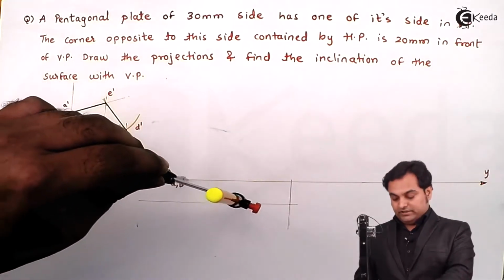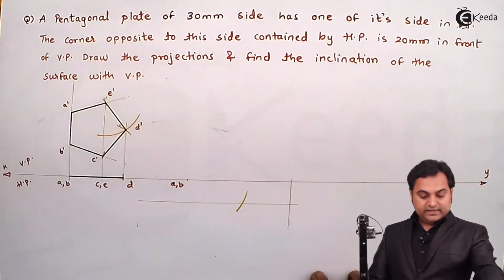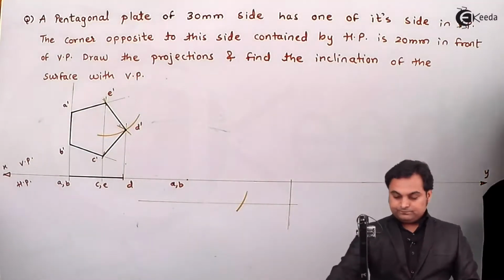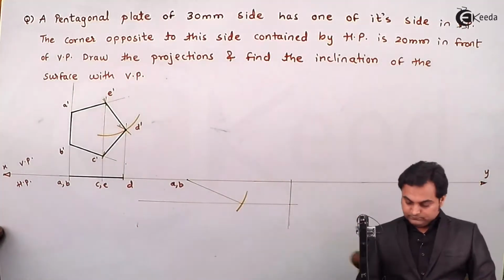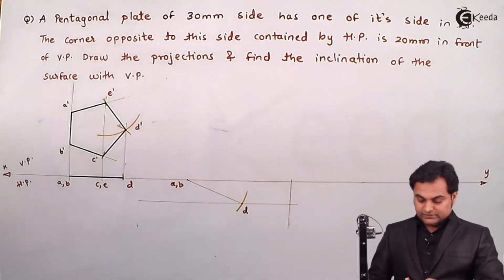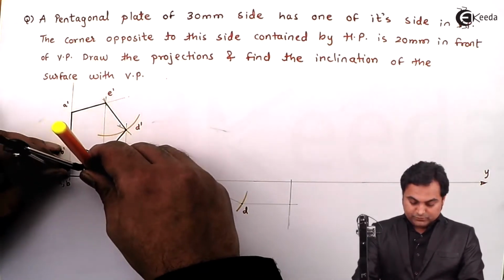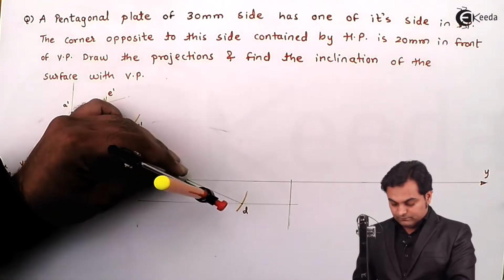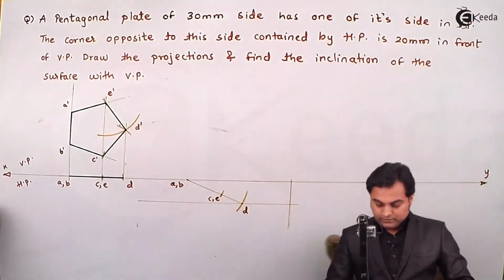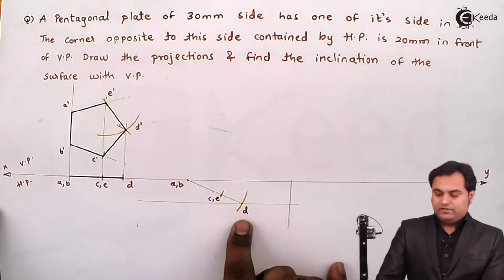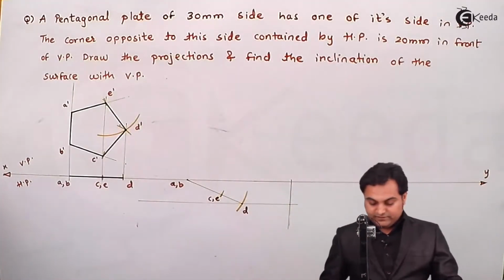Draw an arc cutting this line which is at 20 mm distance so that I get the length of the plane. Next, from AB up to CE. The distance of point D, it was given 20 mm in front of VP, so it is seen in HP. I'll give the dimension to it.